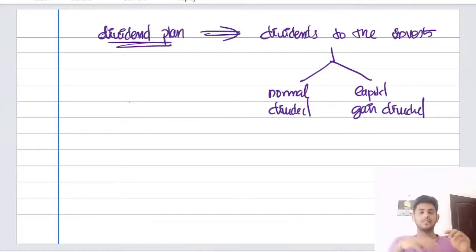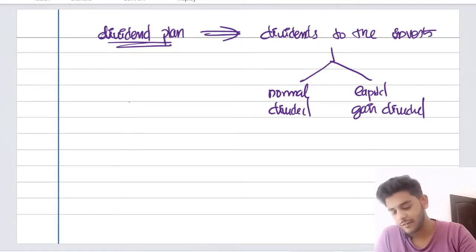If you are subscribing to a mutual fund which has a dividend plan, the mutual fund house will declare a dividend in a particular time period, and you will be eligible to receive that dividend. The dividend might be a normal dividend, or sometimes a capital gain dividend. That is what the dividend plan is about.